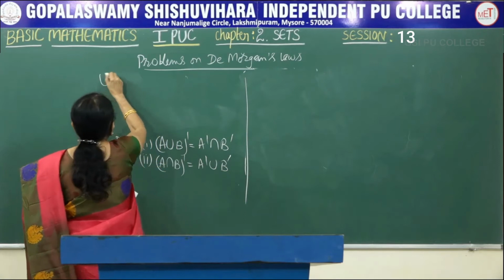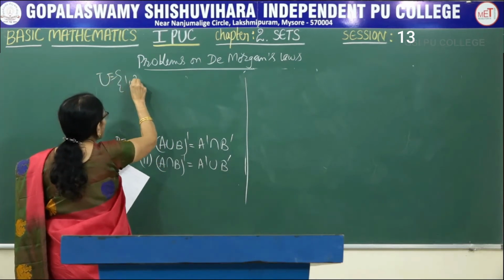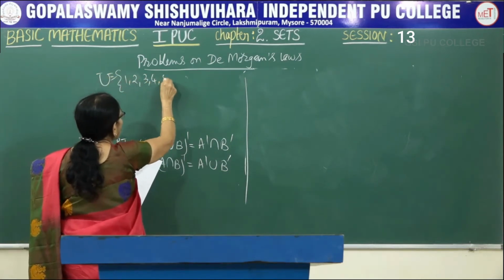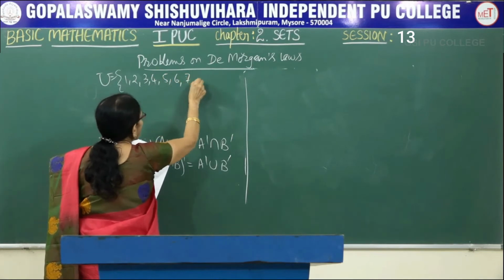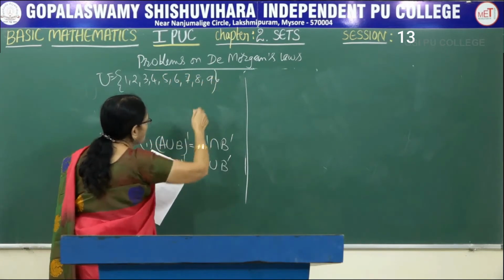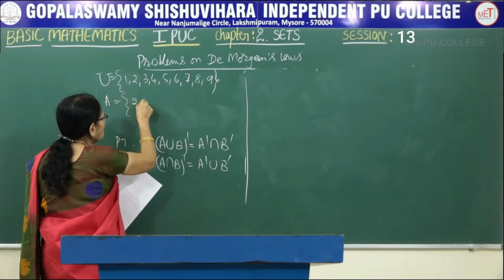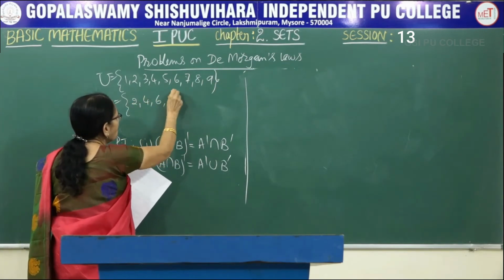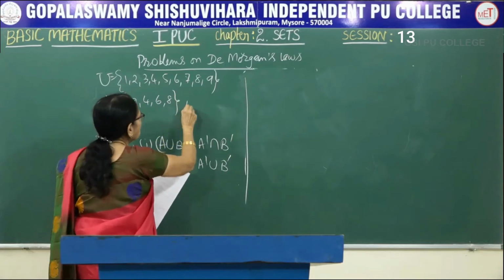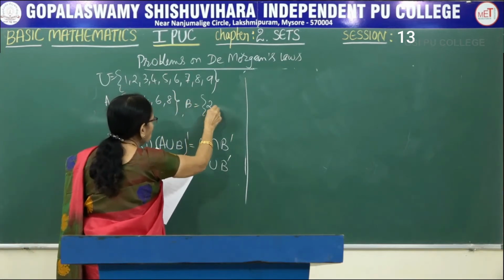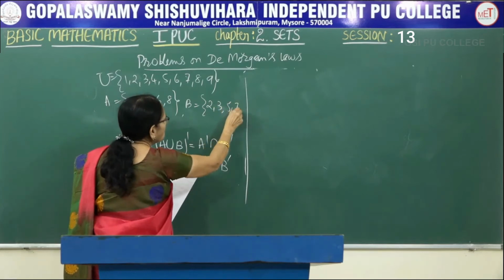In this one I am having the universal set 1, 2, 3, 4, 5, 6, 7, 8, 9. So it is containing 9 elements and the set A contains 2, 4, 6 and 8. And the set B contains 2, 3, 5, 7.